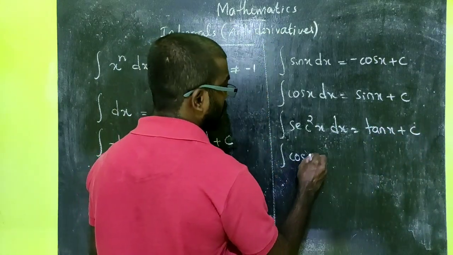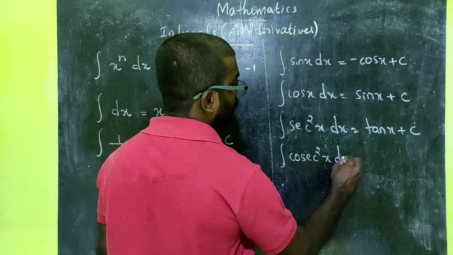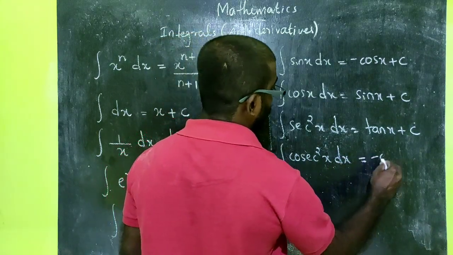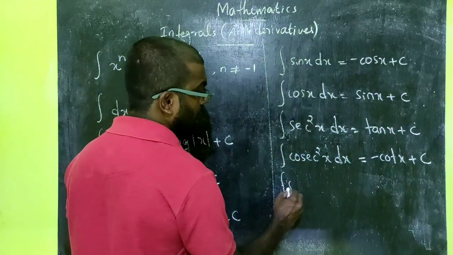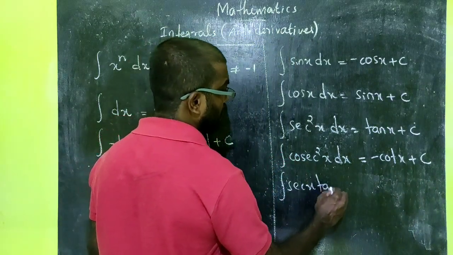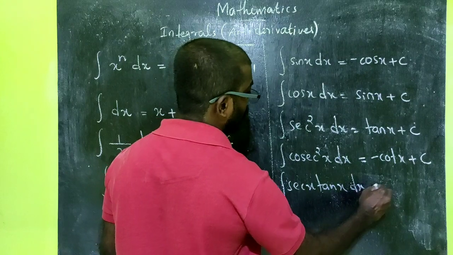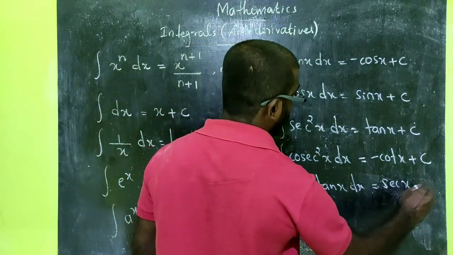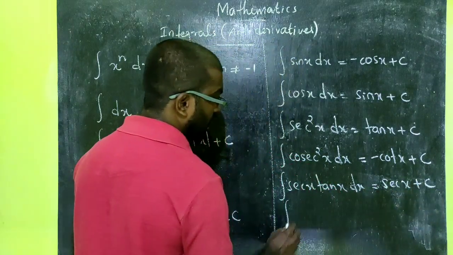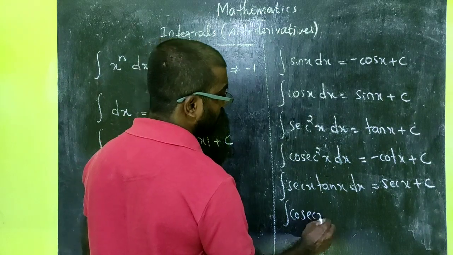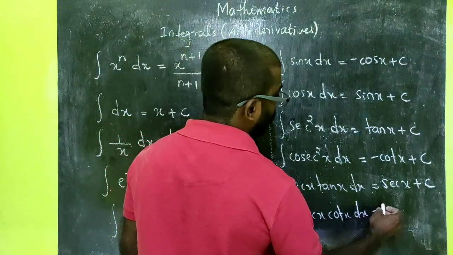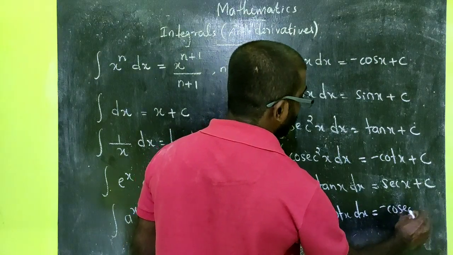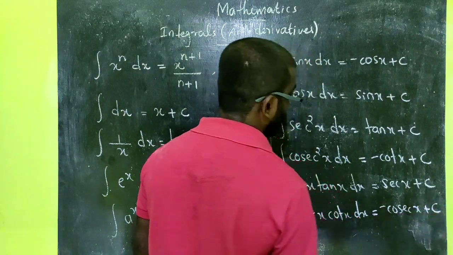Integral cosec square x dx is equal to minus cot x plus c. Then integral sec x tan x dx is equal to sec x plus c. Then integral cosec x cot x dx is equal to minus cosec x plus c.